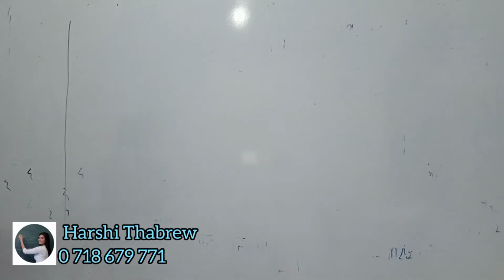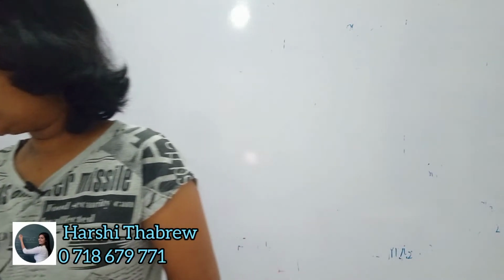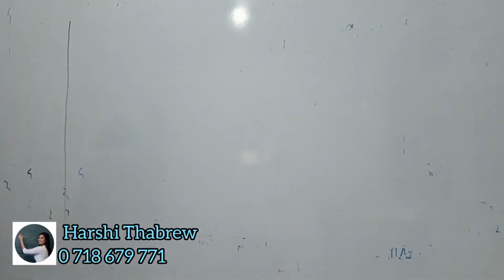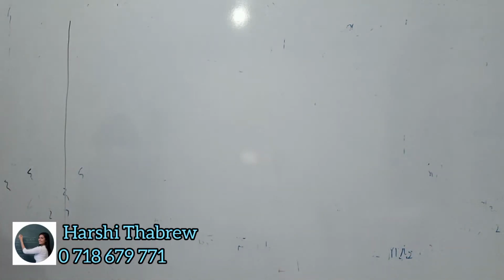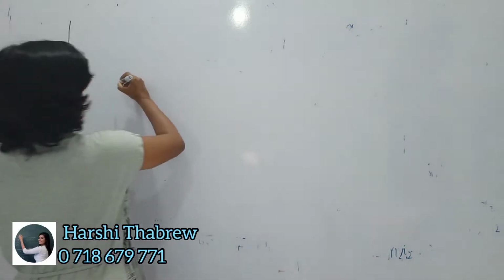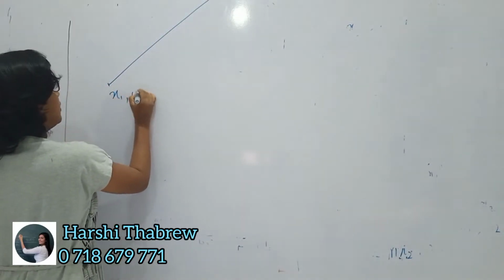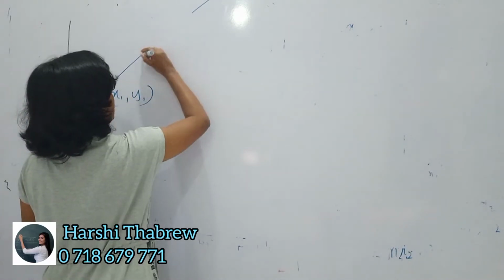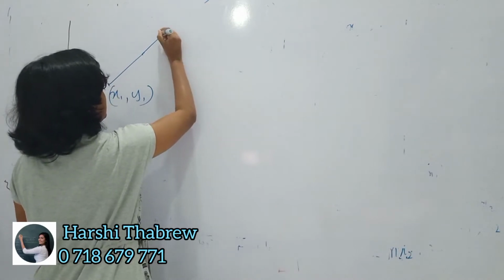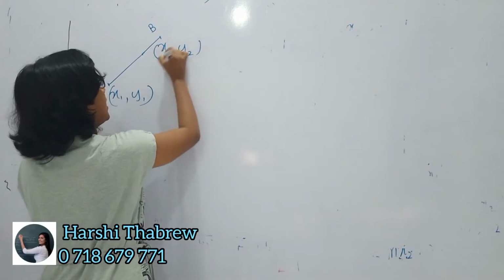External division of a point dividing a line segment joining two given points in a given ratio. Let this be the point A (x1, y1) and this be the point B (x2, y2).